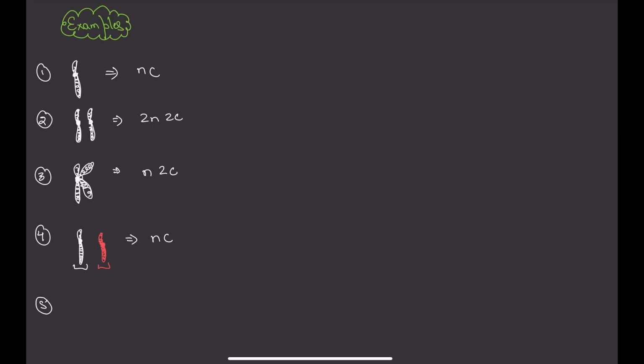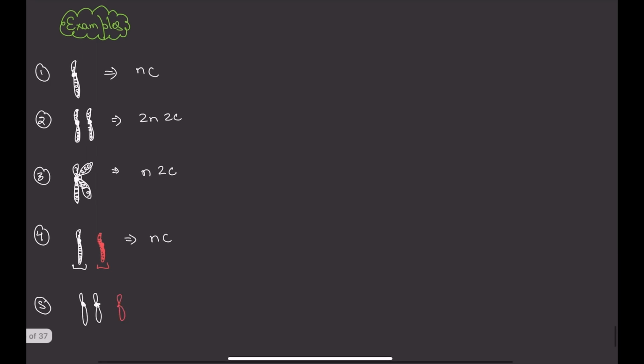Right? Let us take another example. So now we can see that white has two copies and red has two copies. So every chromosome has two copies present.